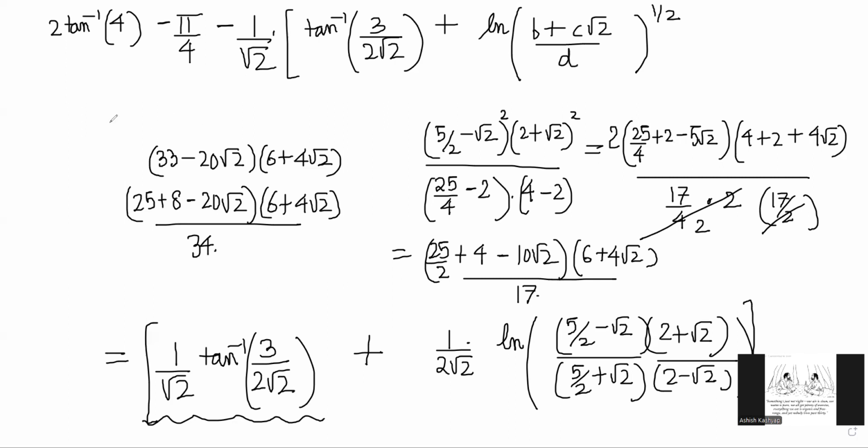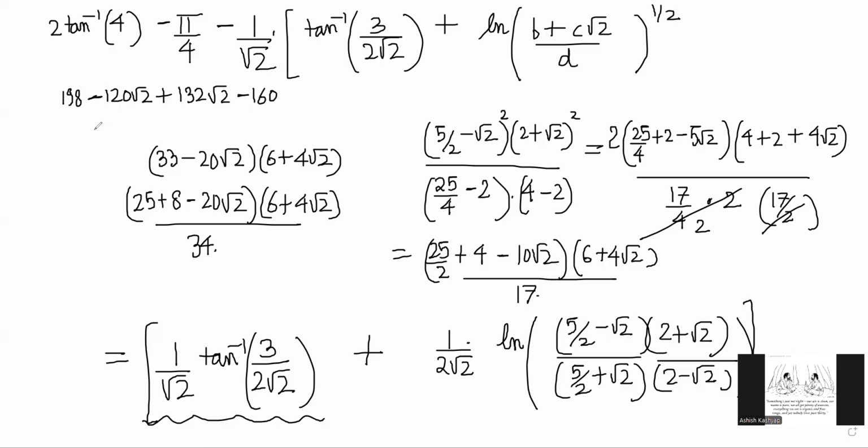So 33 into 6 becomes 198. Then we have a minus 120 root 2. And then we have 4 into 33, so that will become a 132 root 2. And then finally minus 80 into 2, so minus 160, right?